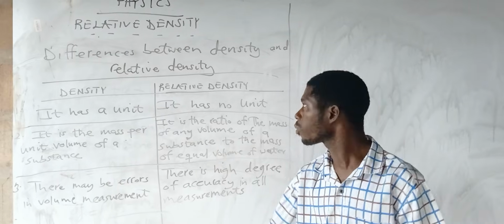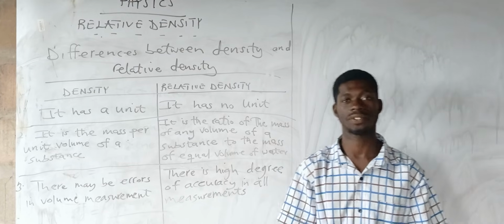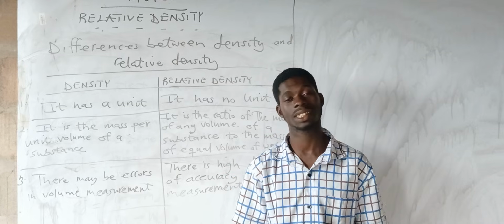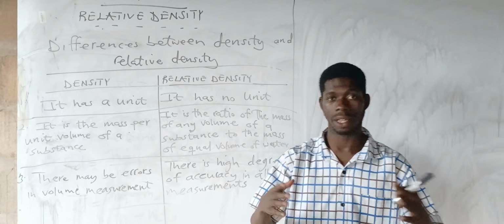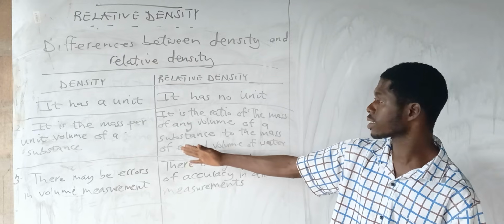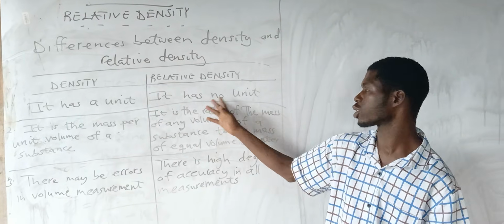So now, differences between density and relative density. Now we have learned about density and relative density, so we can see the differences between them. The first thing is that density has a unit, but relative density has no unit.